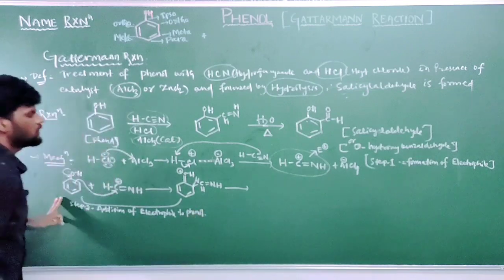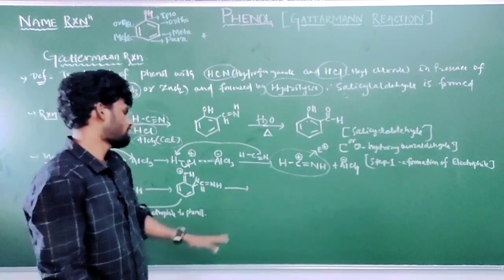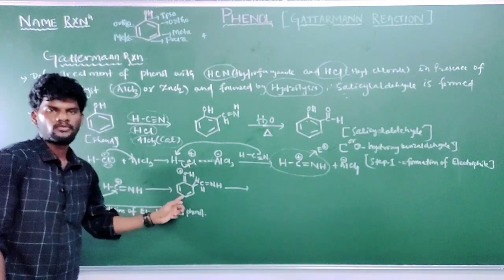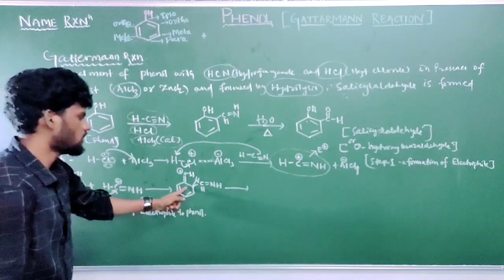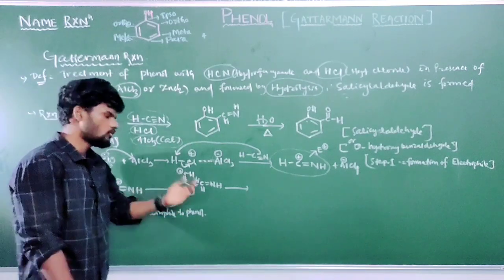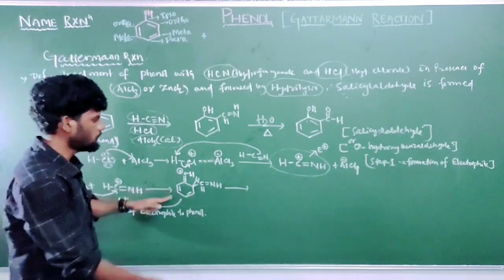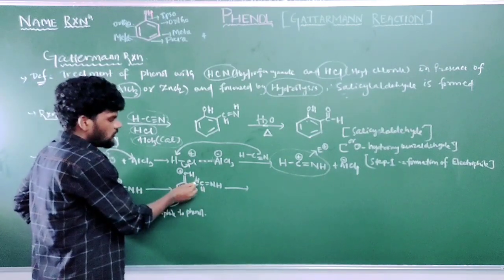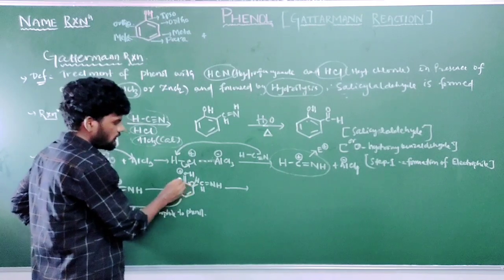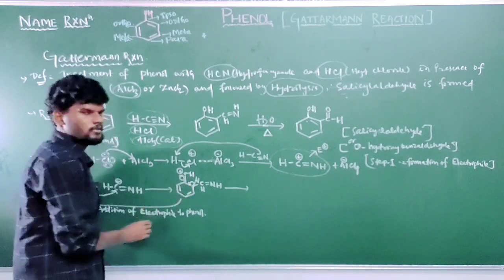In the next step, what will happen? This ring is now unstable because it lost aromaticity. So to restore aromaticity, or to stabilize the positive charge over the oxygen atom, this bond moves over to here and this bond moves over to oxygen. All of you understand?